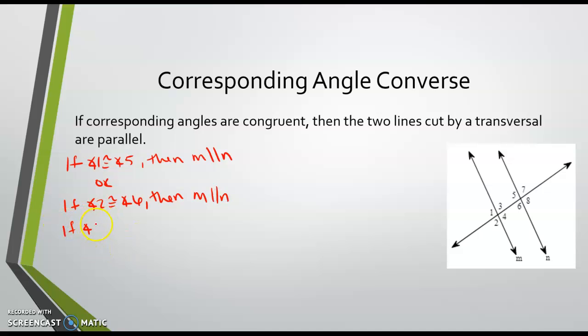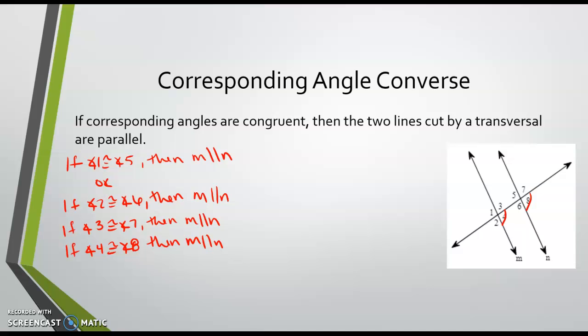If angle 3 is congruent to angle 7, then M is parallel to N. And if angle 4 is congruent to angle 8, then, or, M is parallel to N. All right, so again, any one of these sets, because they're corresponding angles, means line M is parallel to line N. And it is important that in order to prove these lines are parallel, we have to have an angle from each line.